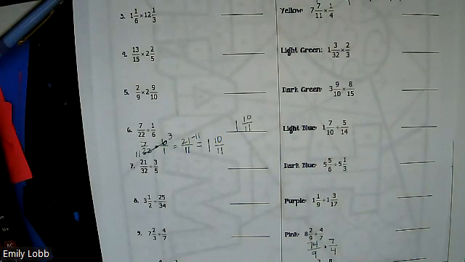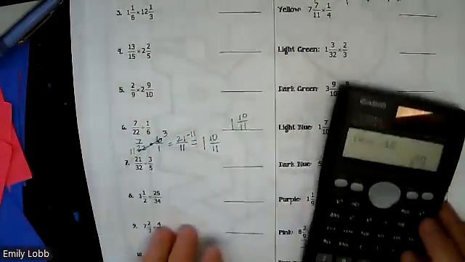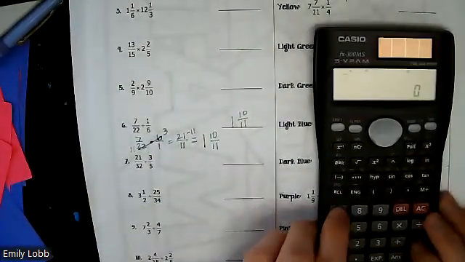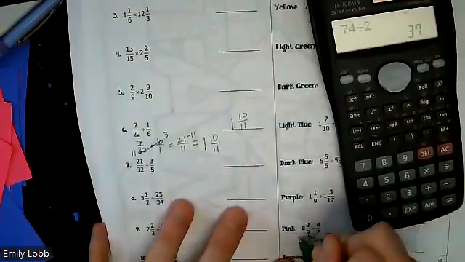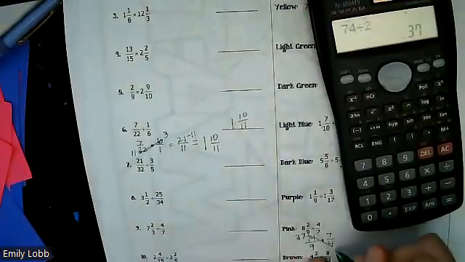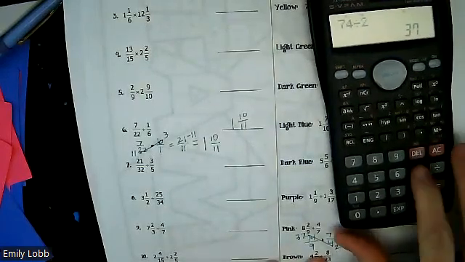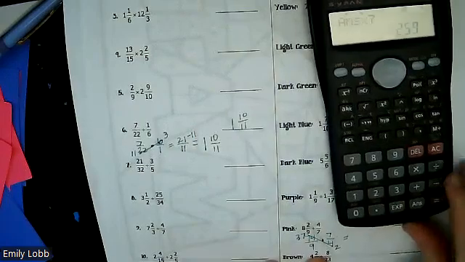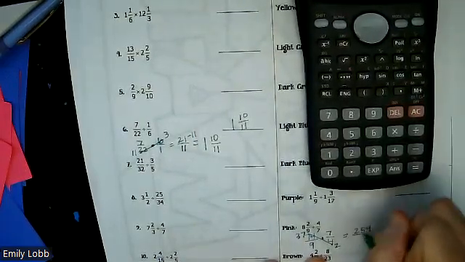You could probably take out a factor of 2 here, right? So 74 divided by 2 is 37. 4 divided by 2 is 2. So that leaves me with 37 times 7 on top, 259.